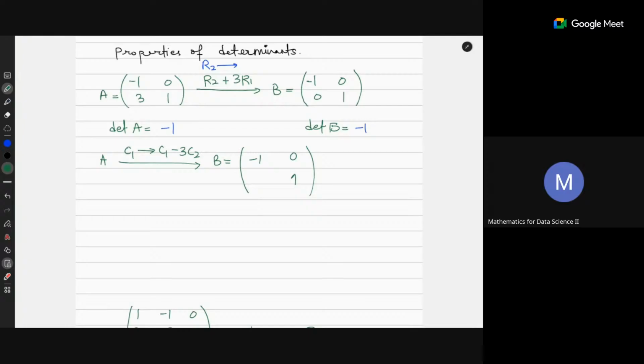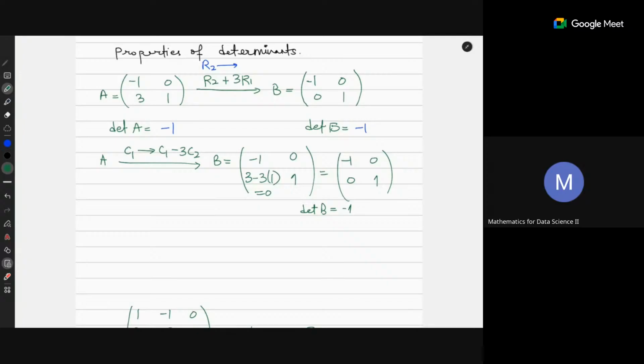So you are not subtracting anything from the first entry. In the second entry, you are doing 3 minus 3 times 1, which gives you 0. So you get this as the matrix. Now what is the determinant of B? Again, the determinant of B is minus 1.